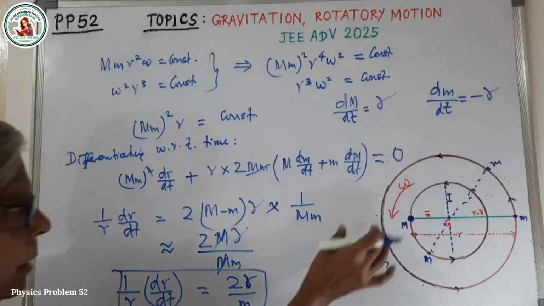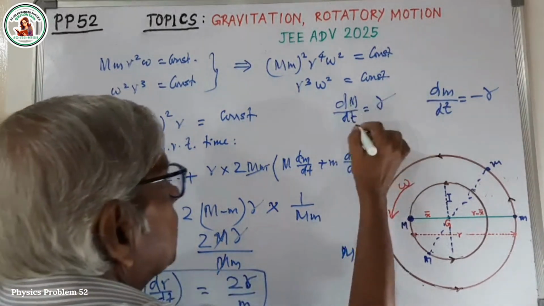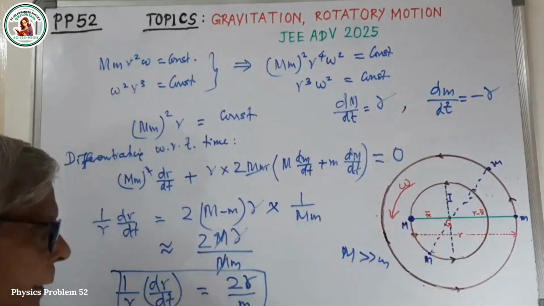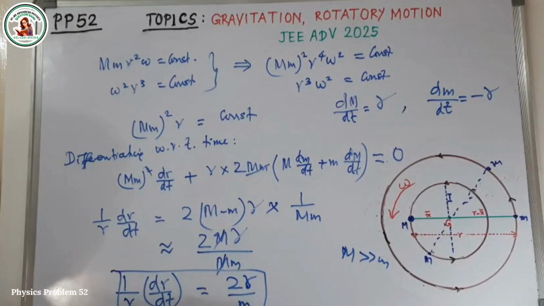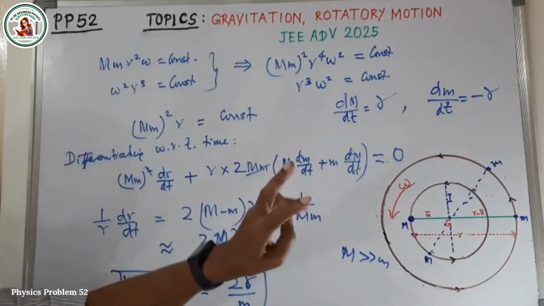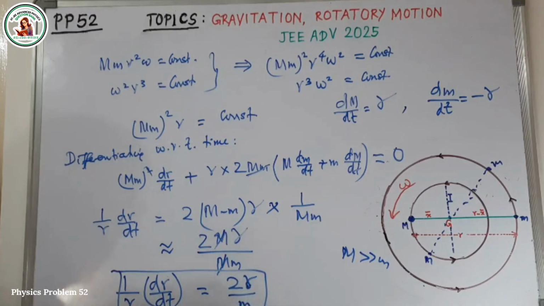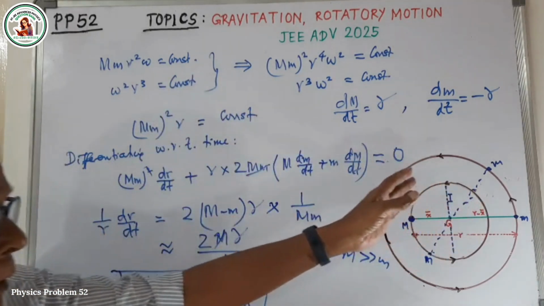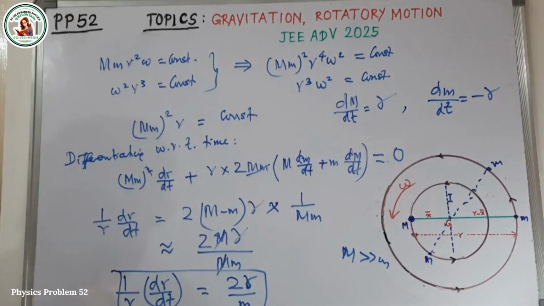M is much larger than this. We are using this also, which was part of the given data. So 2 gamma by small m. In the original question, m1 and m2, two other symbols, are used. This small m, according to that, is m2. So it would be 2 gamma by m2. But according to our convenient symbols, this is the answer, 2 gamma by m.